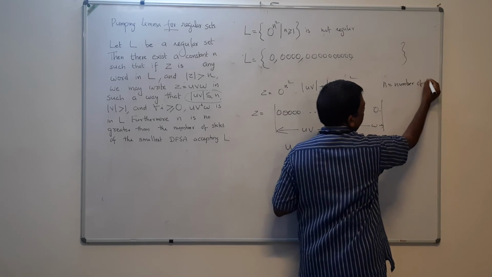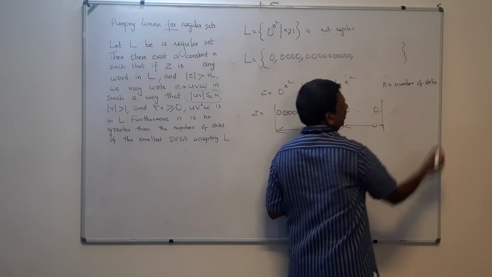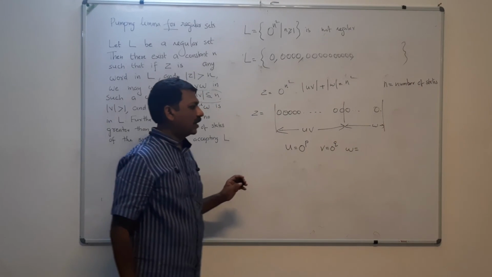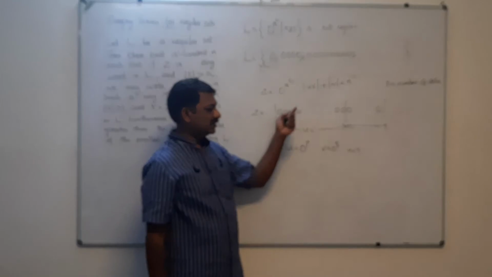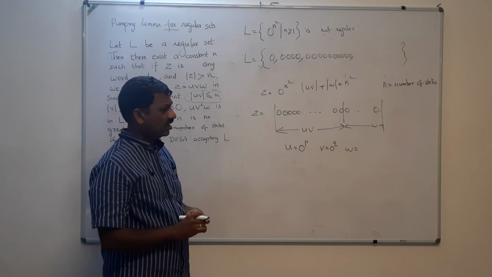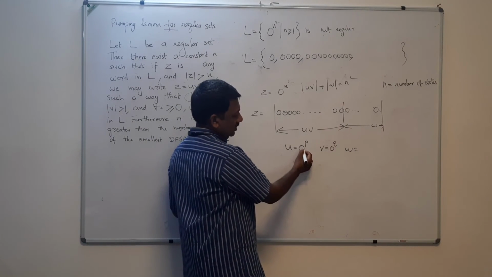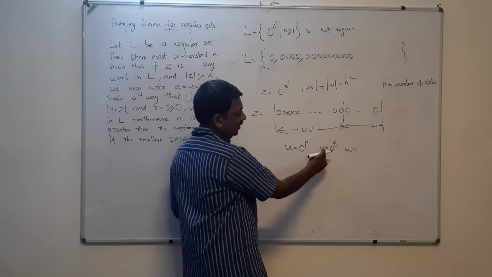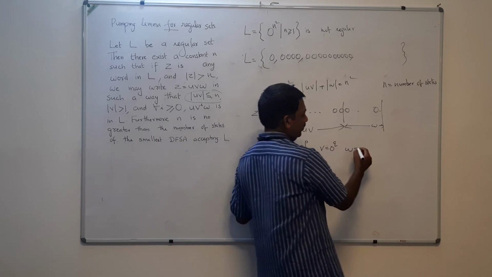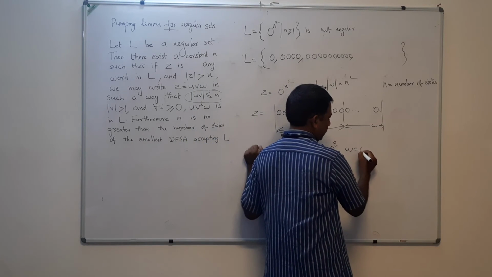Number of states of n is the number of states. Okay, now n is the number of states means now u is p number of zeros, v is q number of zeros, and w is, say, r number of zeros.